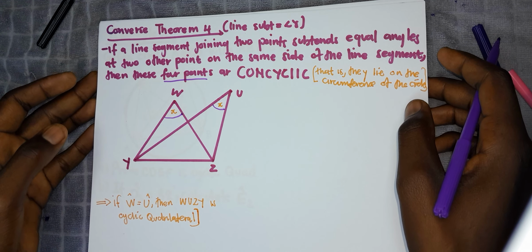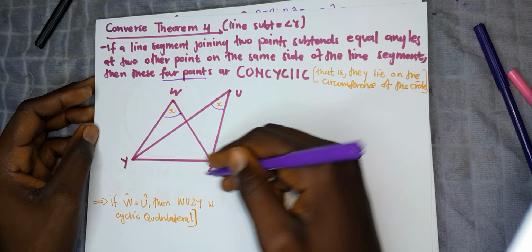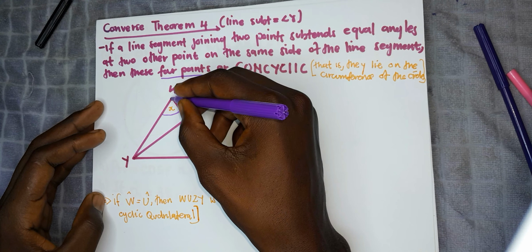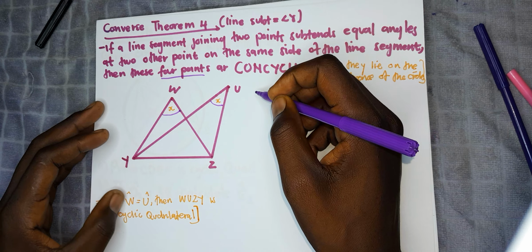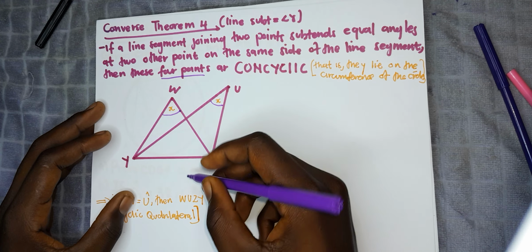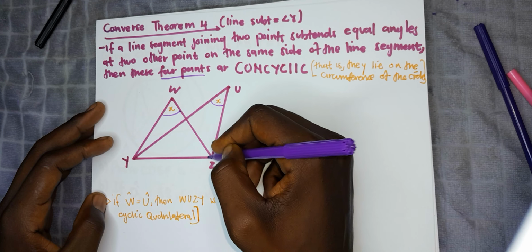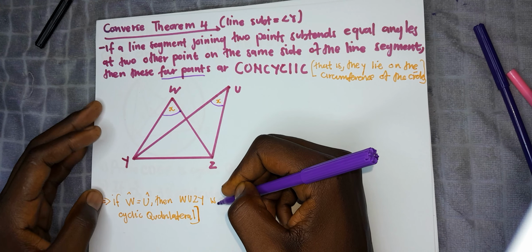From this statement, we can conclude that if angle W is equal to angle U, then WUZY is a cyclic quadrilateral.